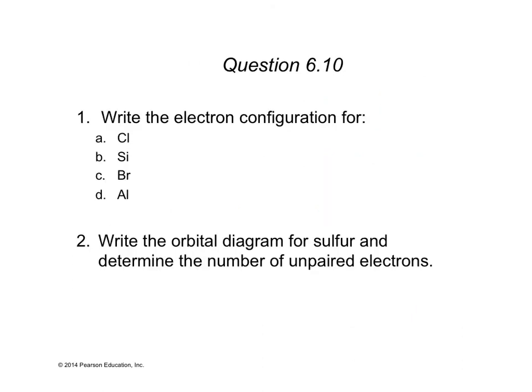Okay, so I'd like you to get some practice at this. I have you write the electron configuration for a couple different elements: chlorine, silicon, bromine, aluminum, and then I want you to draw the orbital diagram for sulfur and determine how many unpaired electrons there are. So go ahead and give that a shot.